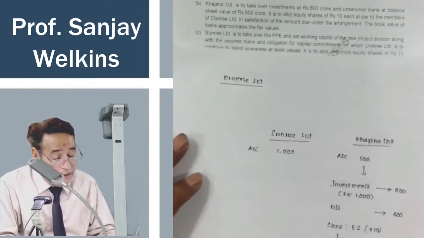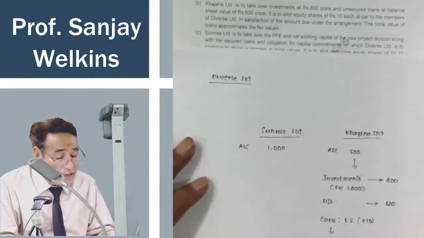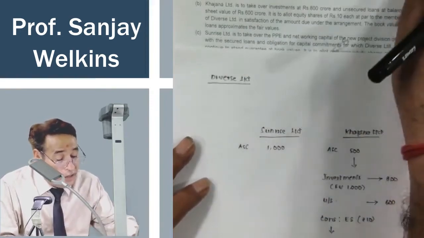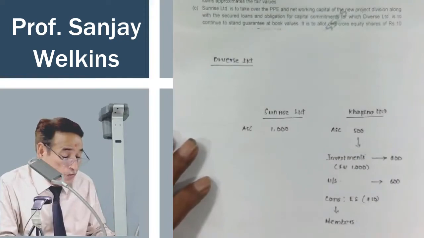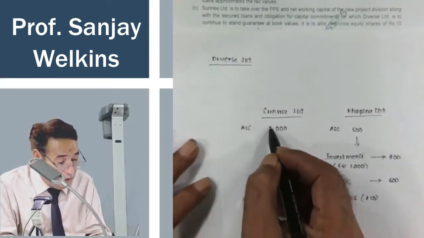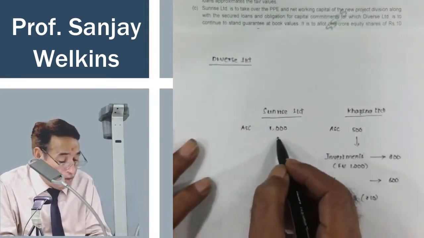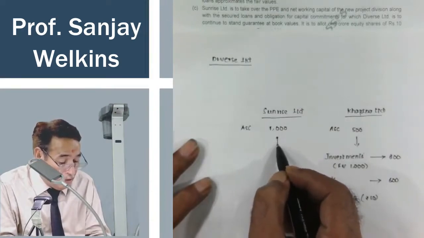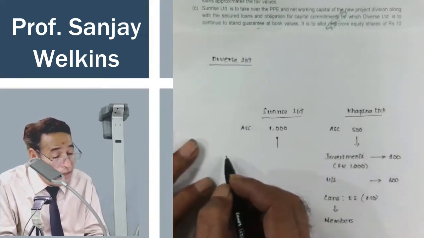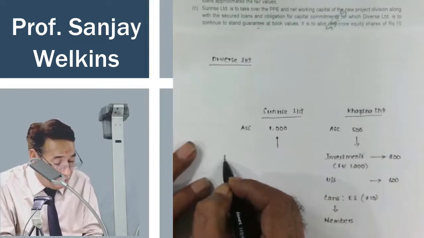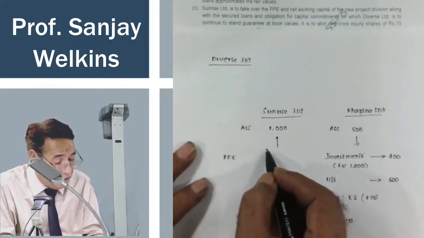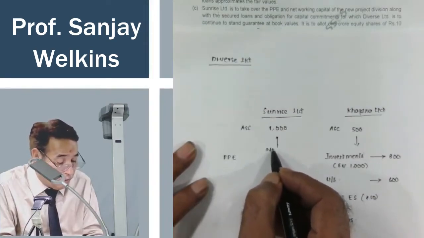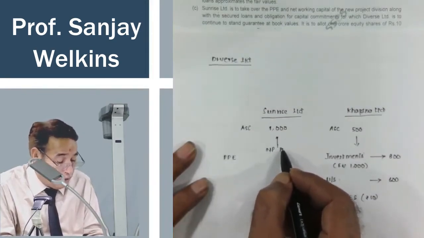Further, it is given in the question, point number C, Sunrise Limited is to take over property, plant and equipment and net working capital of the new project division. Now, this is Sunrise Limited. Sunrise Limited is taking over property, plant and equipment of the new project division.